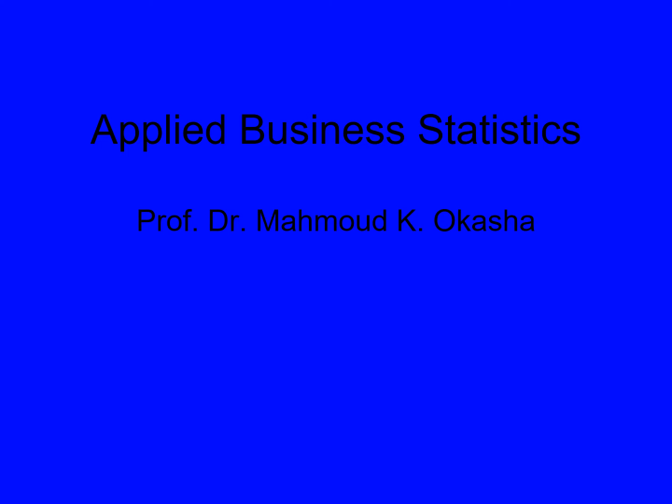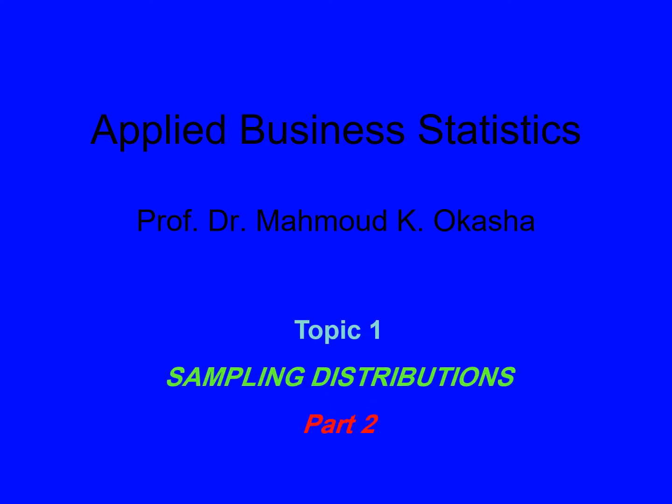In the previous session, we talked about the sampling distributions of some sample statistics, and we described in detail the idea behind sampling distribution. We talked about the philosophy of sampling distributions.